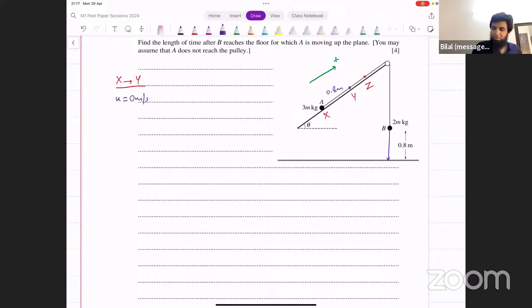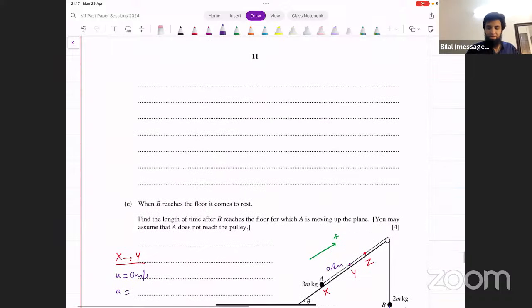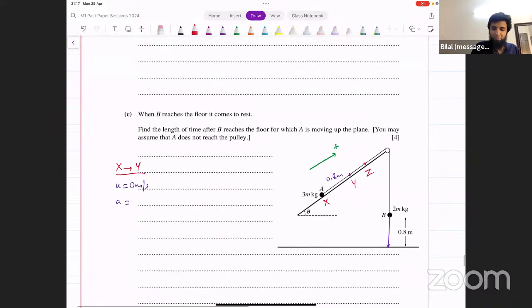What else? We know acceleration. From the previous part, we found the acceleration while the string was taut. So remember, from X to Y, the string is taut. At Y, B hits the ground, and when B hits the ground, the string no longer remains straight, so it's no longer taut. From Y to Z, we would say that the string is slack.